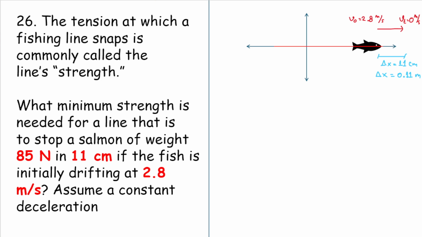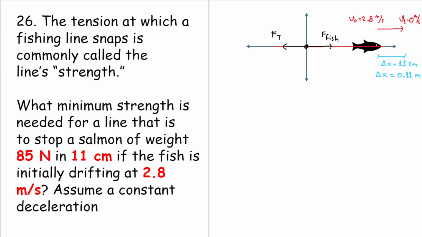Good. And now here we have our fishing line, right? It will have the force by the tension to the left-hand side, so I'll have the force by the tension. And then we have this force by the fish, going the other way, so I'll have the force by the fish.